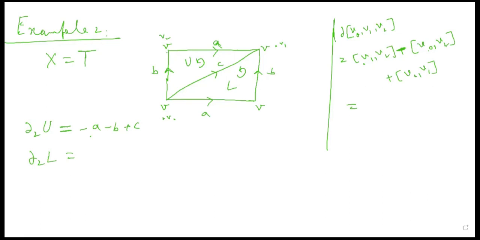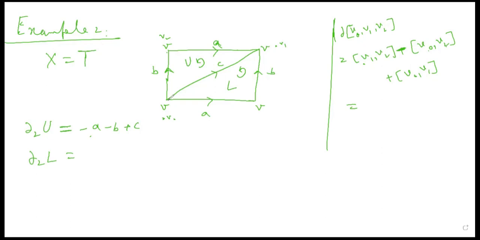So once you choose some representative, it will represent some orientation, right? Because of the way we have put it. Then when you apply the boundary map over this one, L, we have again this.